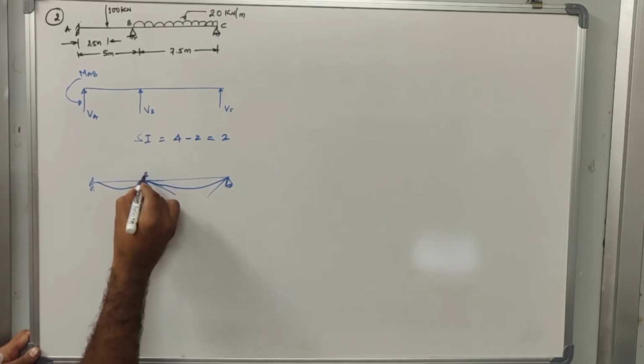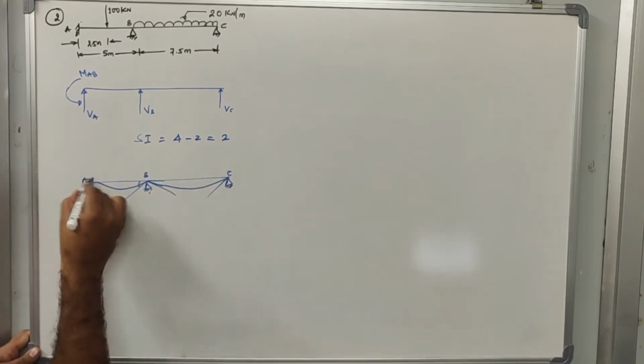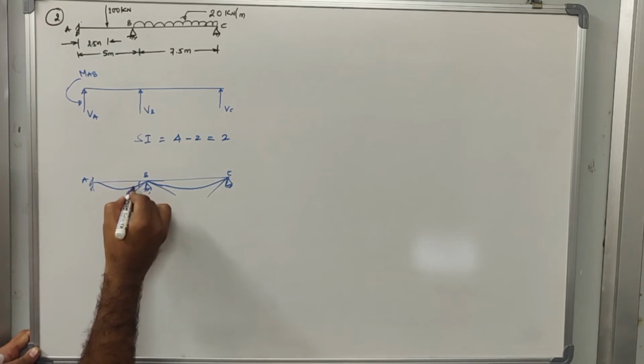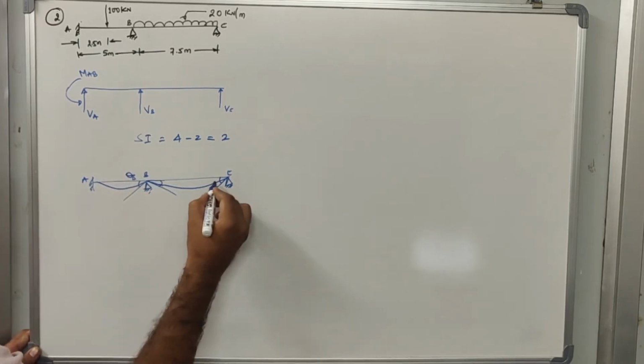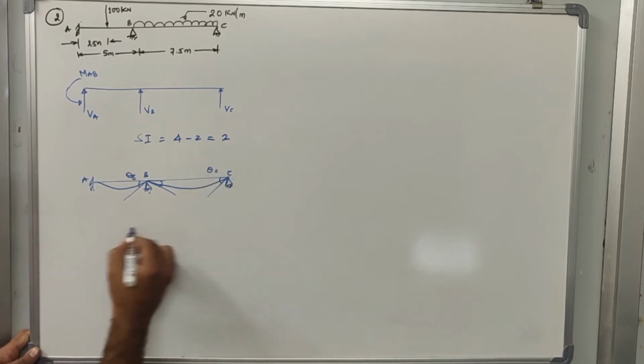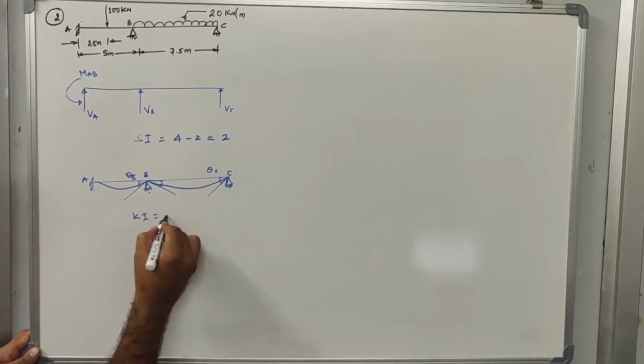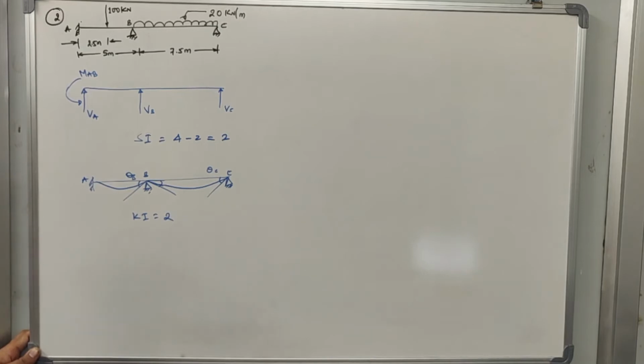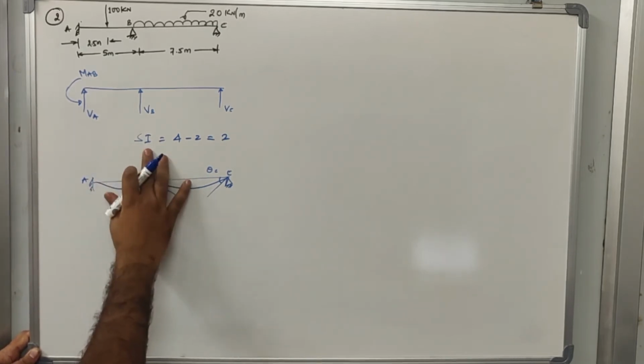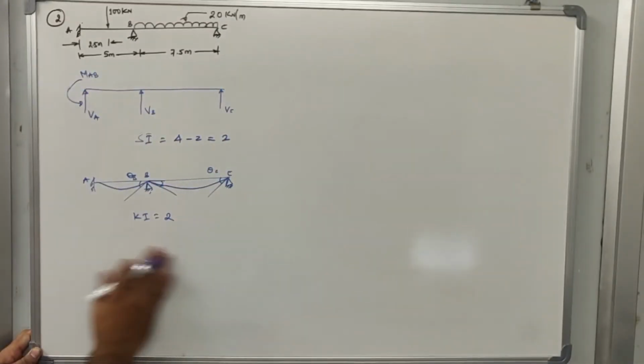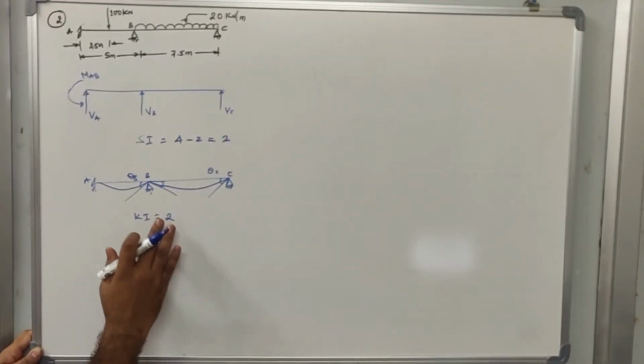So this is my B point, this is C and this is A. Hence the rotation generated over here, I call theta B, and the rotation generated here, I call theta C. So kinematic indeterminacy will be 2. So remember this: the static indeterminacy of the structure is 2 and the kinematic indeterminacy of the structure is 2.